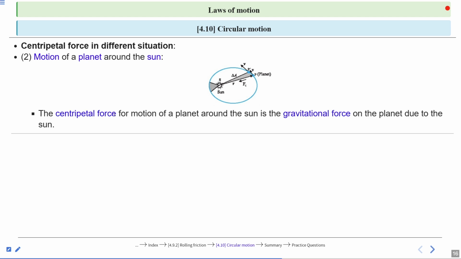So the centripetal force for the motion of a planet around the sun is the gravitational force on the planet due to the sun.